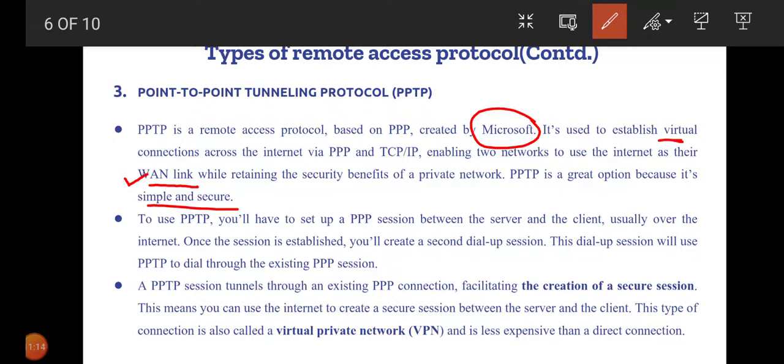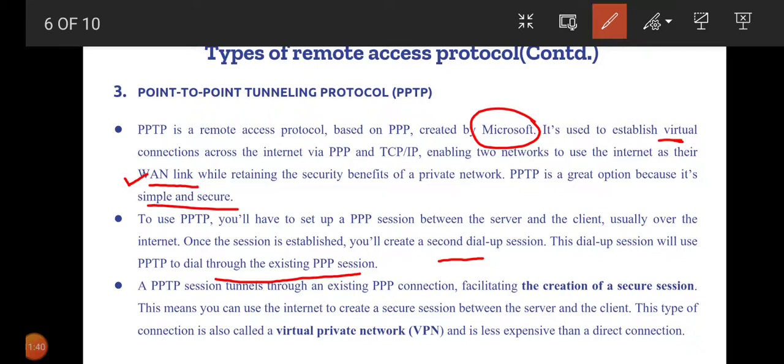Once the session is established, we can create a second dial-up session, and this dial-up session will use PPTP to dial through the existing PPP session. So we have to understand that initially the connection establishment is important, and after that we can always create a second dial-up session in order to dial through various point-to-point protocols.